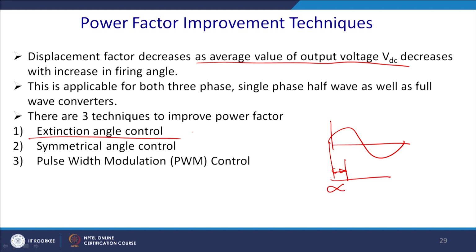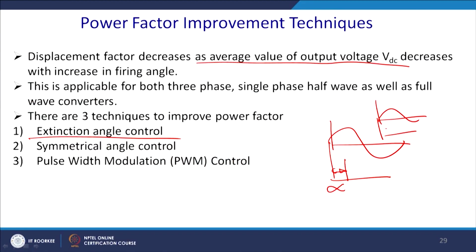So you require fully controlled switches like GTO or IGBT to have extinction control, so that with a sinusoidal waveform you can chop here as well as here. The current waveform may be like this, with some distortion, but it can have unity power factor. Similarly, another method is symmetrical angle control. The third method, which is quite important, is pulse width modulated PWM control. We shall see them one by one.